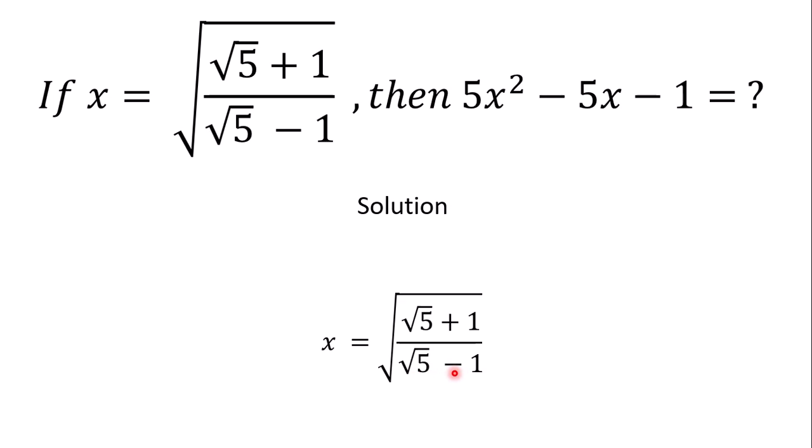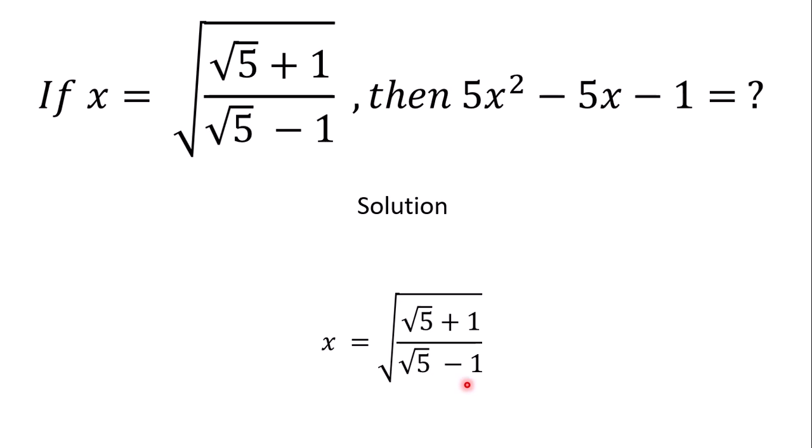So if this one is plus, it will go minus, and if this one is minus, it will be what? Plus. Okay, good. So to take this one from the denominator's position, you're going to multiply the numerator and the denominator by what? The conjugate of this one, which is root 5 plus 1.